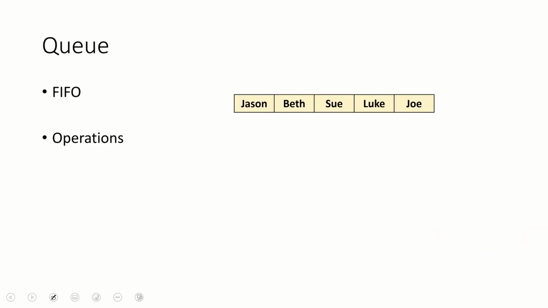We have three operations. It's very similar to the stack, right? The stack has three operations, and the same thing for the queue. The first one we call enqueue. Enqueue means we want to add one more item, or node, to the queue.